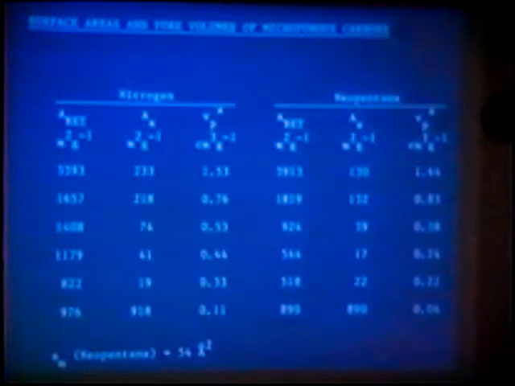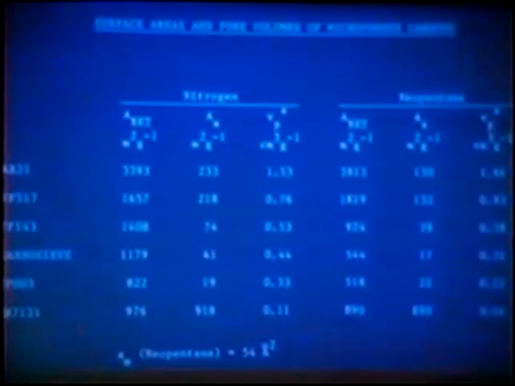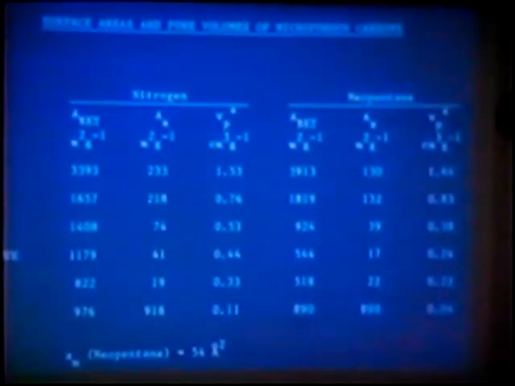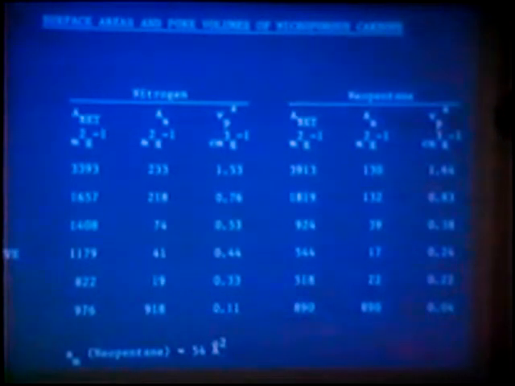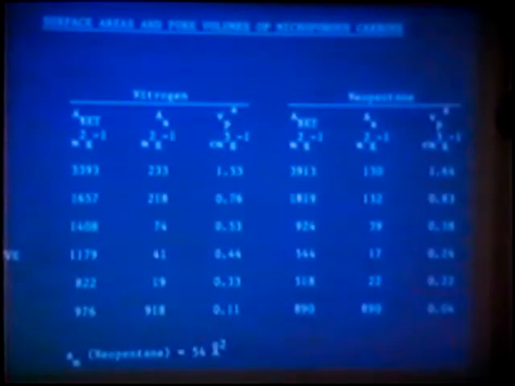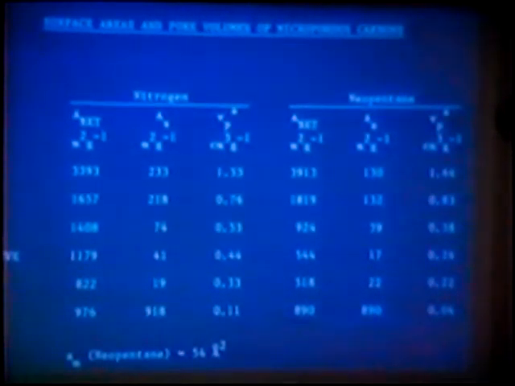So, as a result of all this, I think what we have to conclude is that we must place emphasis on the mechanisms of micropore filling rather than trying to define the limits of micropore size in an absolute way.